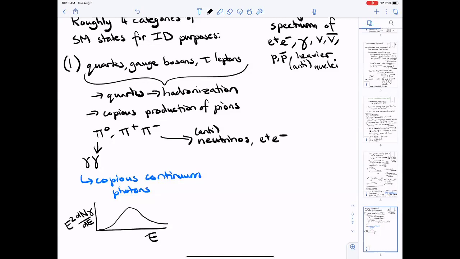So this means that we also have a copious neutrino signal and charged lepton signals. And if you've got enough center of mass energy, when you hadronize, you'll also make protons, you'll also make neutrons, you'll make heavier baryons that can decay down to other hadronic states. You may even make heavier nuclei and antinuclei like deuterons and antideuterons.